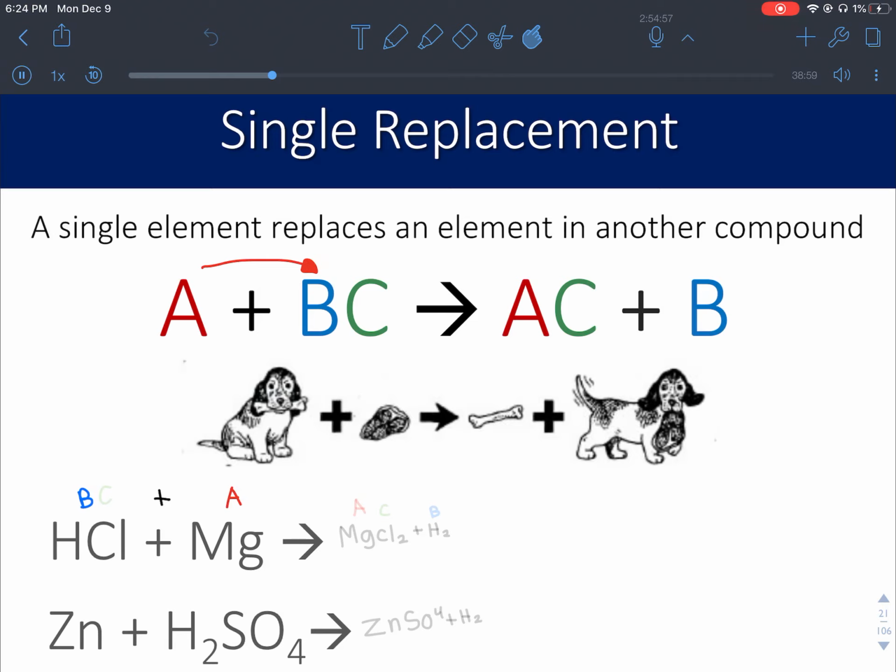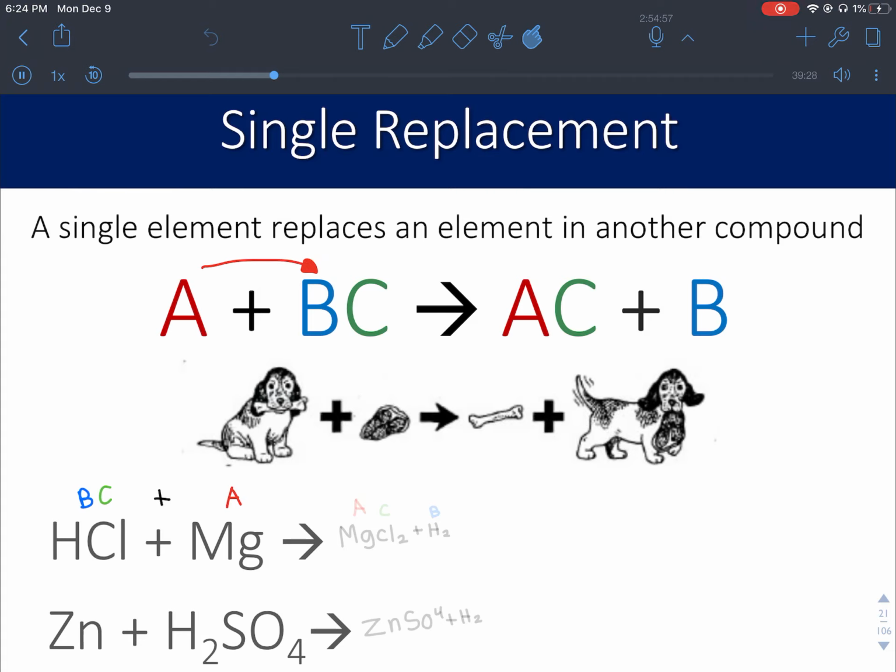I know magnesium is bumping out hydrogen and not chlorine because it's always a positive and a negative. Magnesium's positive 2 charge, so I know it'll have to replace the positive 1. So cation replaces cation because they're both positive. So it'll be magnesium taking the place of hydrogen, so it'll be magnesium and chlorine.